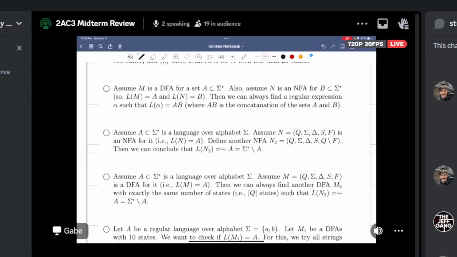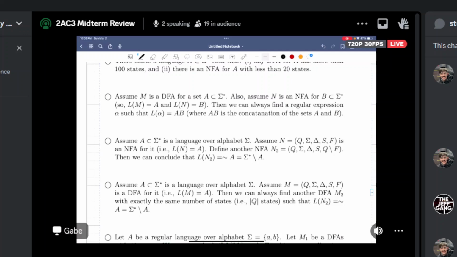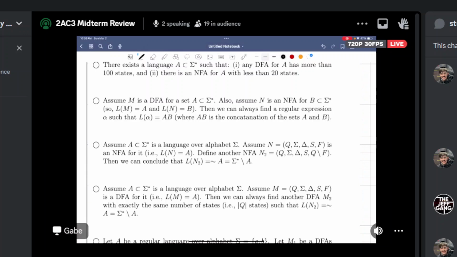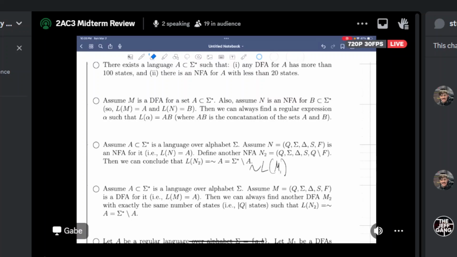And the answer to that is no, because to get the complement of the language represented by a DFA, you can flip the states. But in this case, it's an NFA, so it's not necessarily true, so it'd be false.